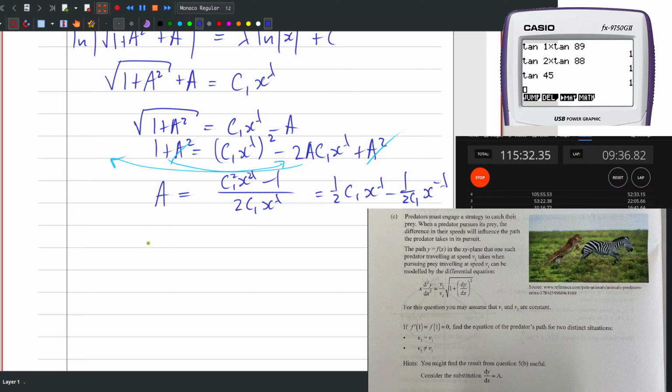And then so y is the integral of a dx, equal 1 over 2 lambda plus 1 c1 x to lambda plus 1 minus negative lambda plus 1, I think.